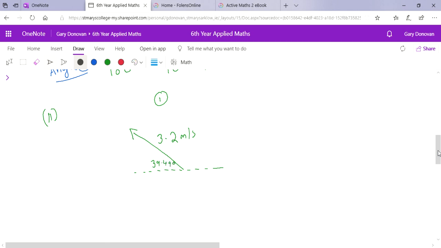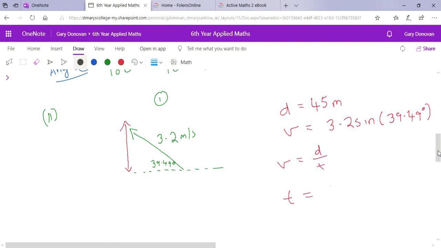So if we want to find the crossing time, we need to get the vertical distance, which we know is 45 meters, and we need to know the vertical velocity, which will be 3.2 times sine of 39.49 degrees. And then velocity is distance over time, so time will be distance divided by velocity. So 45 divided by 3.2 sine of 39.49, and that gives us 22.1 seconds.